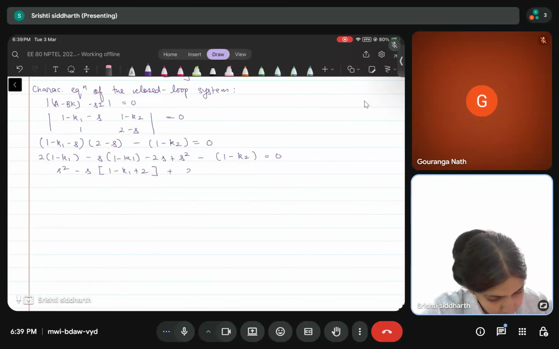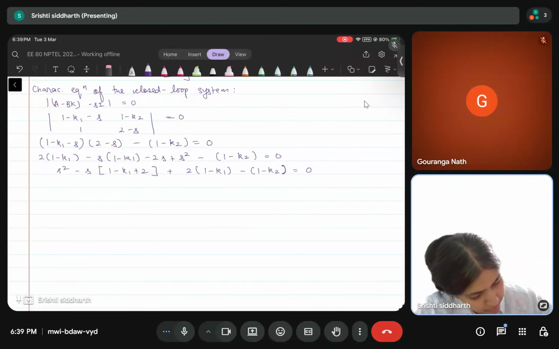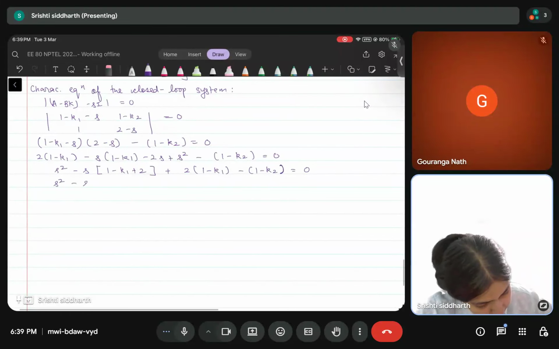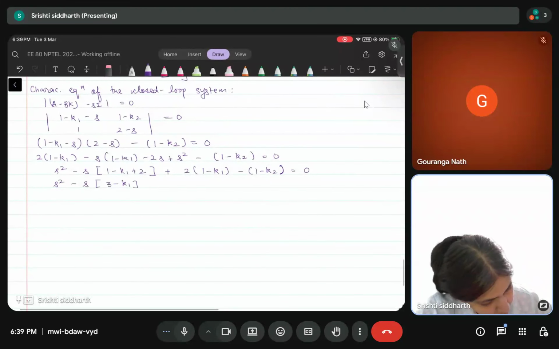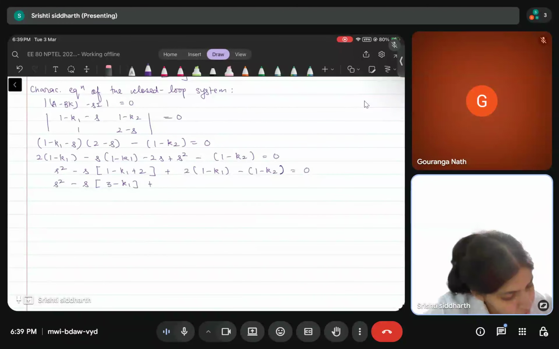Then we have twice of (1 minus K1) plus 0. This is going to be 2 minus 1.